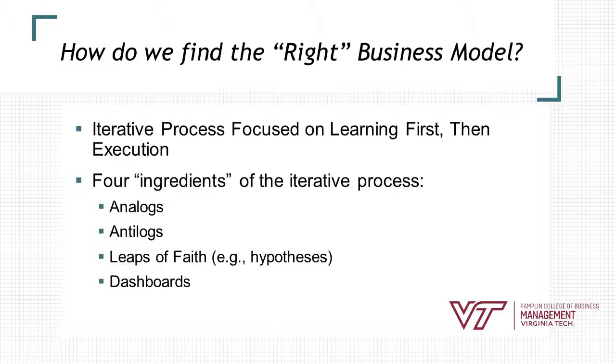It's kind of like coming up with a recipe, and we're going to utilize that particular recipe within this course. We're going to look at four different ingredients of this iterative process, and the one that we'll start out with is analogs. What we mean by that is using others' approaches and using others' success, right?